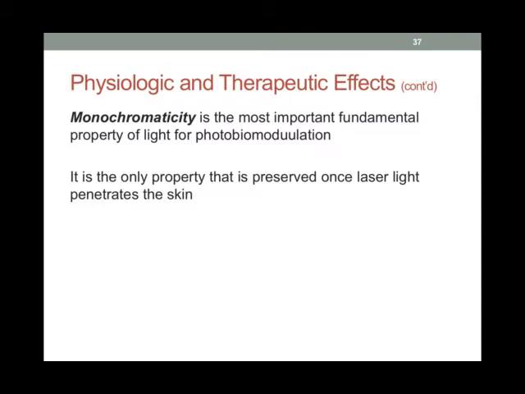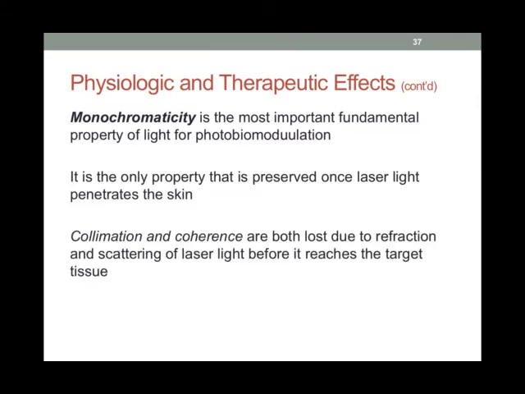In fact, although laser has 3 different properties, monochromaticity, collimation, and coherence, monochromaticity really is the only one that is maintained after the laser hits the skin, because due to the laser scattering as it reaches the different layers of tissues, we lose those 2 properties.